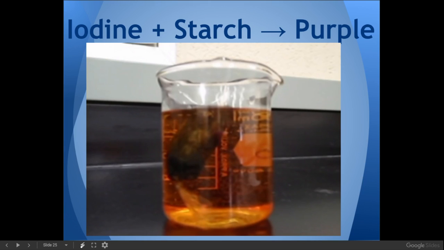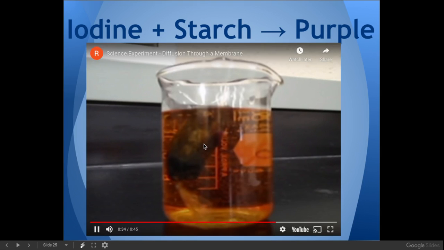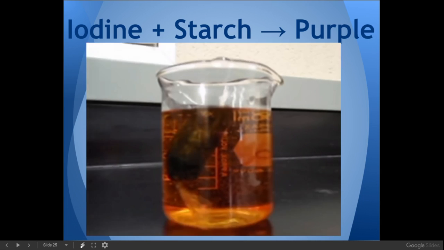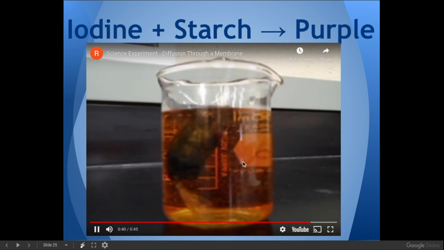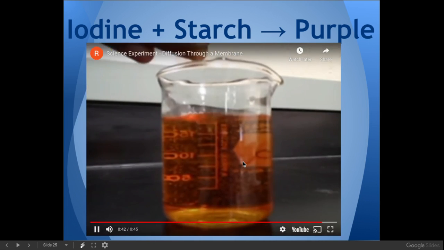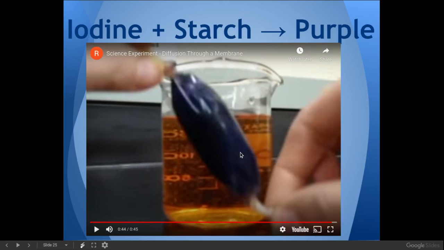So iodine plus the starch made it purple. But because the starch didn't get out, the outside remains the same color as it was initially. So we have a purple bag, iodine got in. Therefore, this membrane is permeable to iodine, but not permeable to starch.